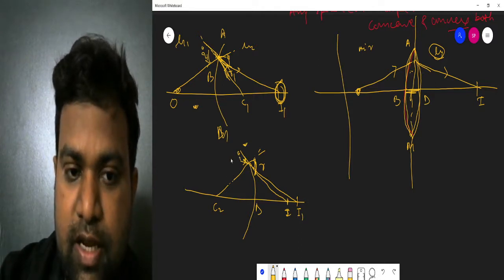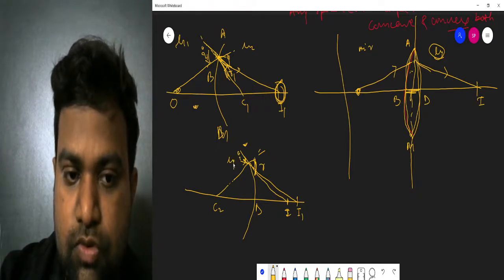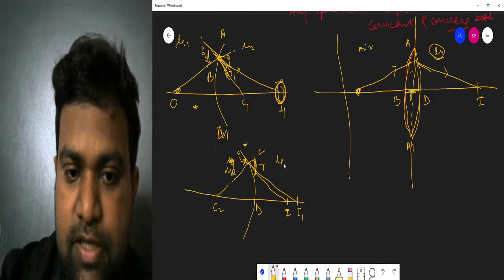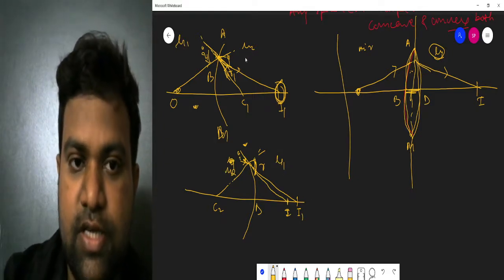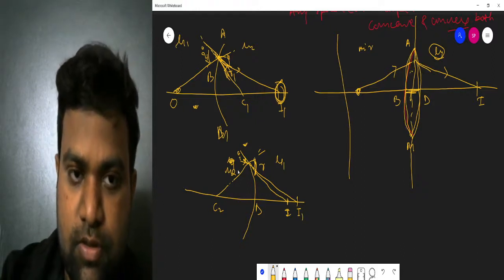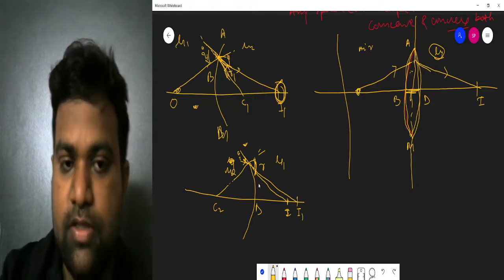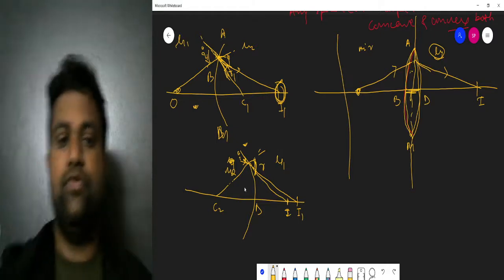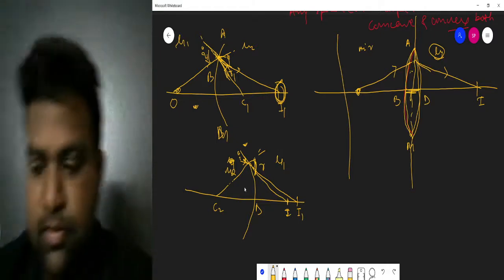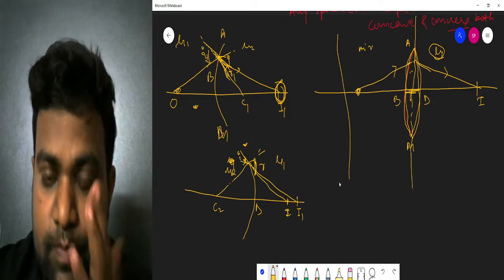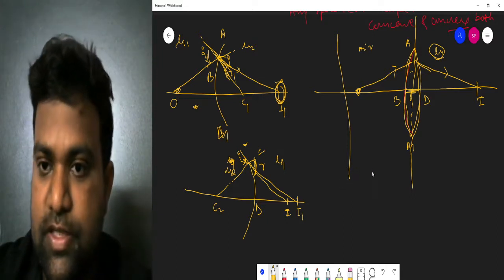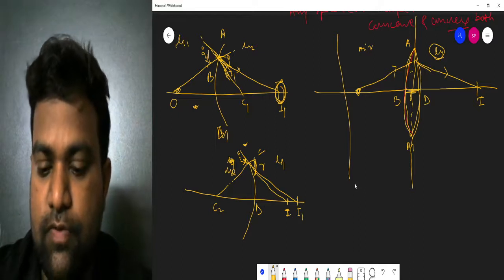So here on the left side it's mu2, and on the right side again air is there, so mu1. But for the first surface, the left side is mu1 and the right side is mu2. So you have to concentrate a little bit on which is mu1 and which is mu2, then you can easily use the formula and the derivation will be easy.